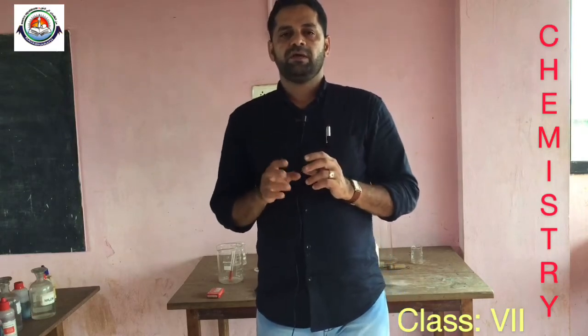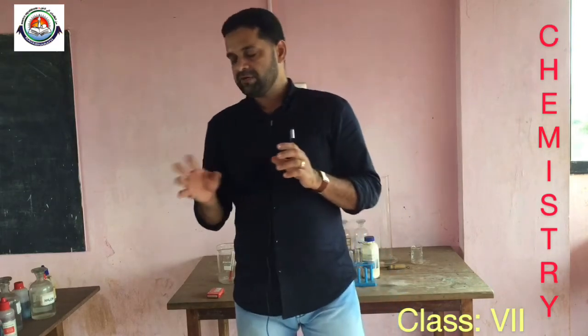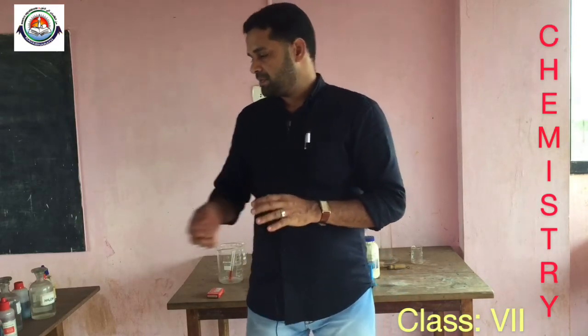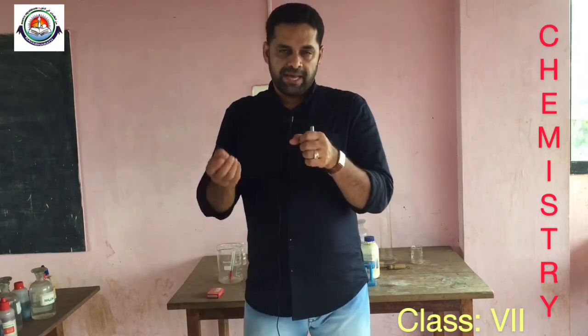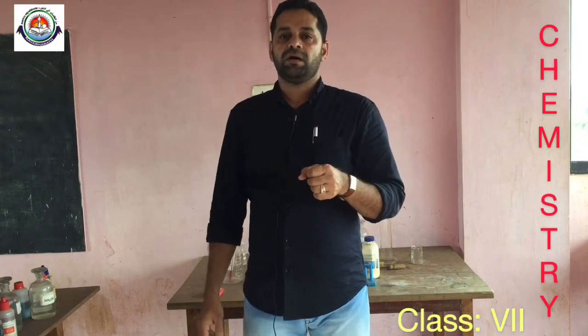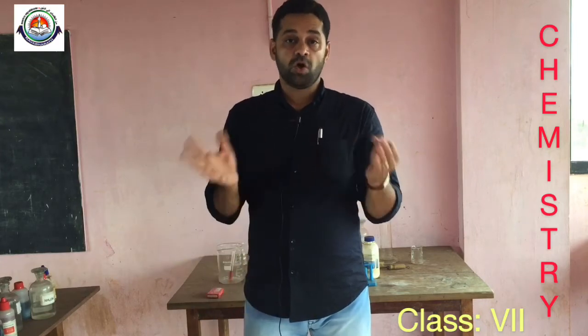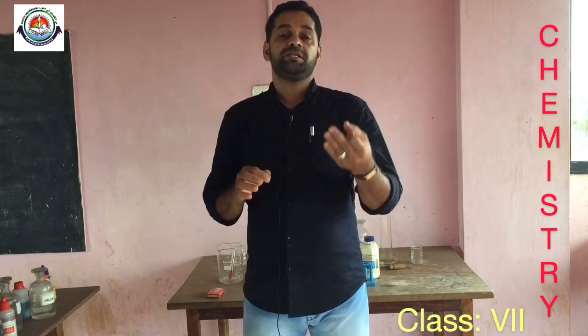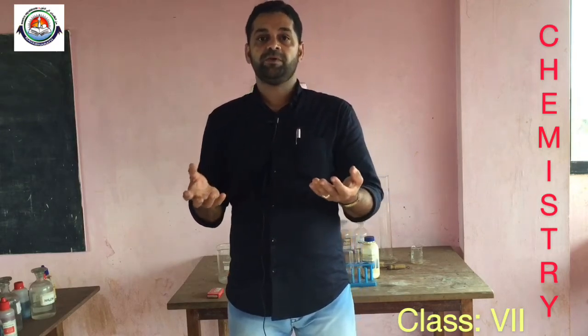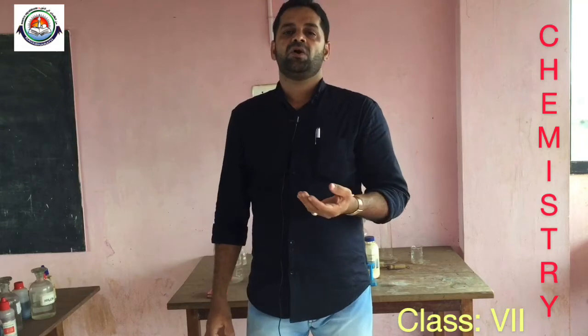So what we learn from this is, when we take acid in a test tube and add red litmus solution, no color change. But when we add blue litmus solution, it changes into red. Why? Because that substance is acid.